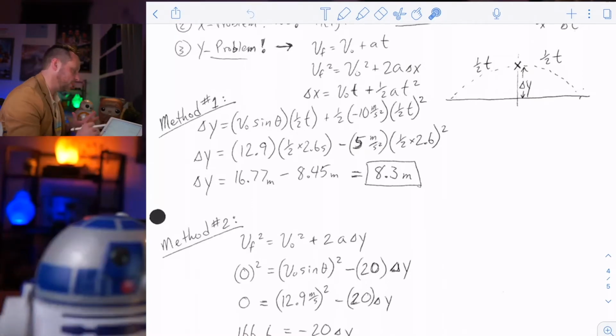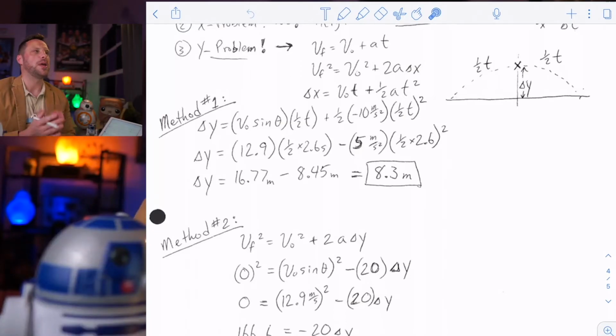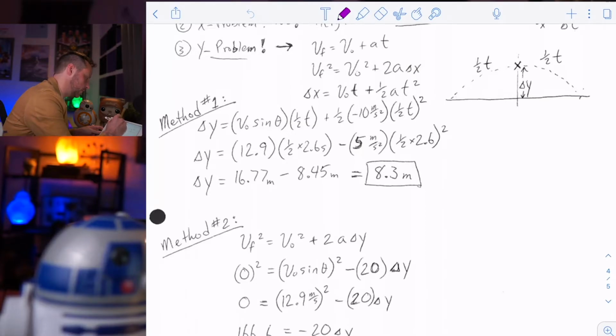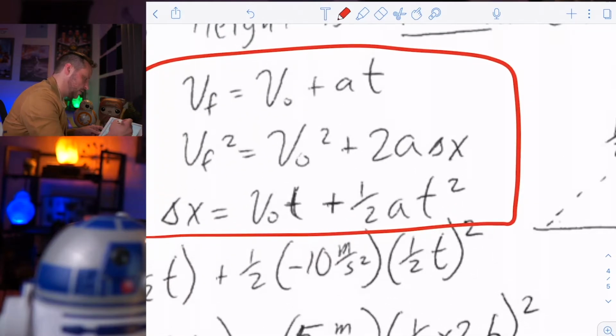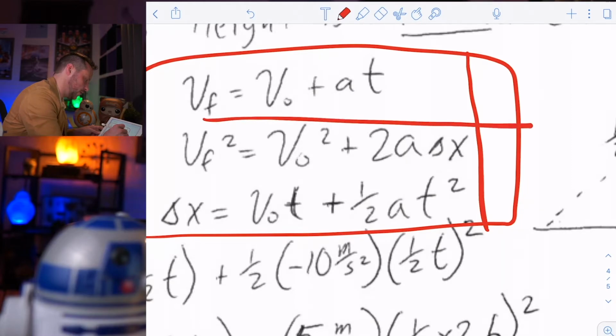So here's the deal. Remember I said how we want to pick the equation based on what we don't have and we don't care about having? The missing variable? Okay, so let's review really quickly here. Out of our three kinematics equations here, what's missing? So what's missing for this first one?